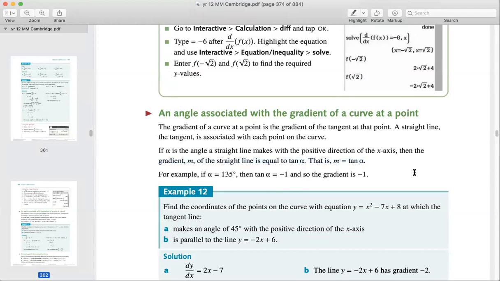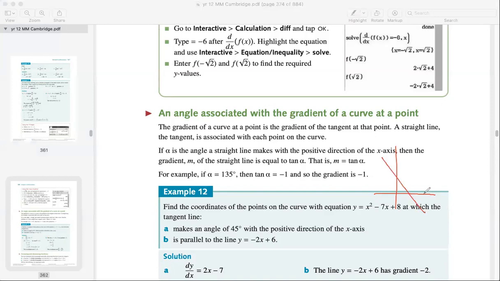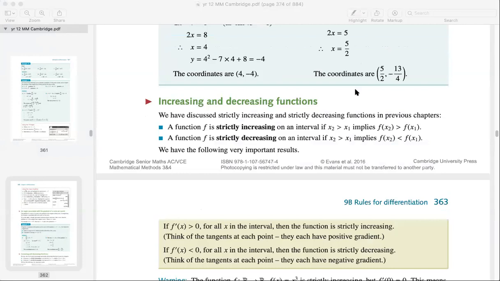So that's how we link the angle with our gradient of the curve. Okay, just use this one. Just make sure this angle is defined as this straight line's angle associated with the positive x-axis. So if my angle is like this one, the angle will look like this. Okay, just make sure it's the angle with the positive x-axis.